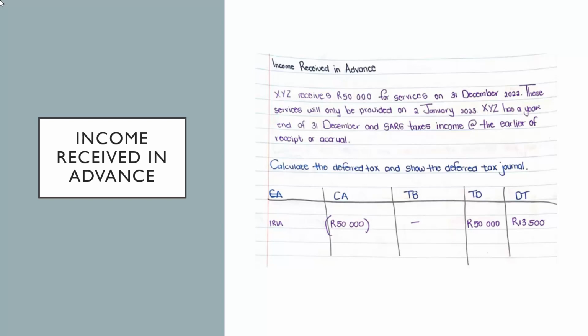Tax base minus carrying amount gives you your temporary difference. So this is a deductible temporary difference, and your deferred tax is a deferred tax asset of 13,500. How do I know that it's a deferred tax asset? Simply by looking at this.